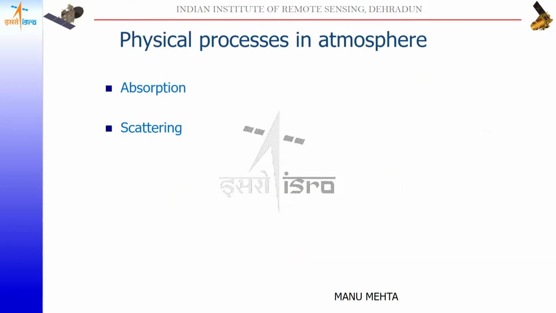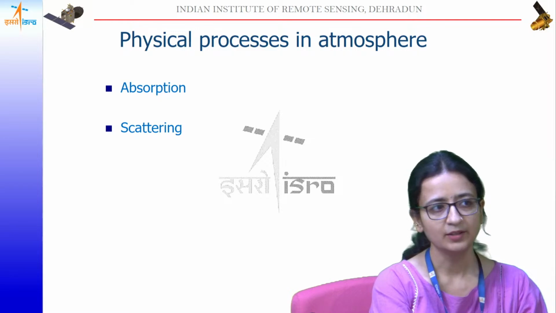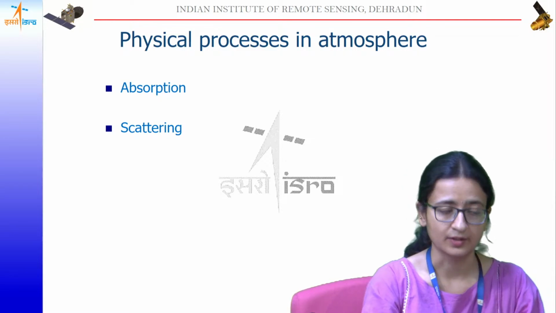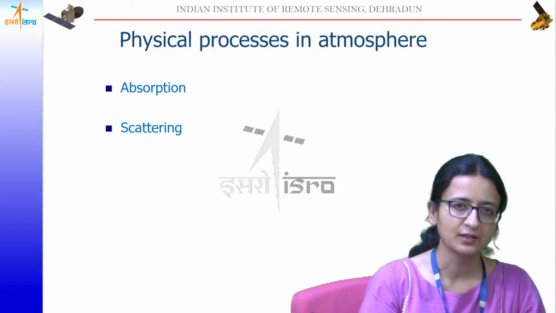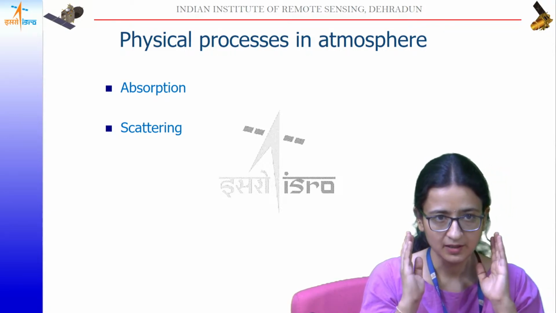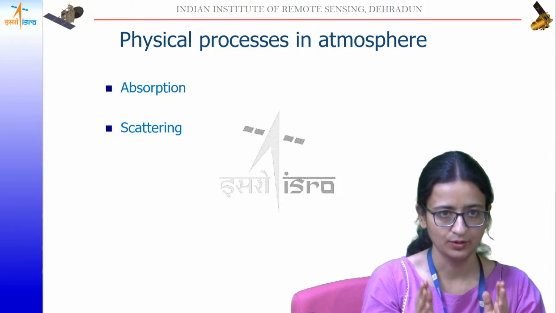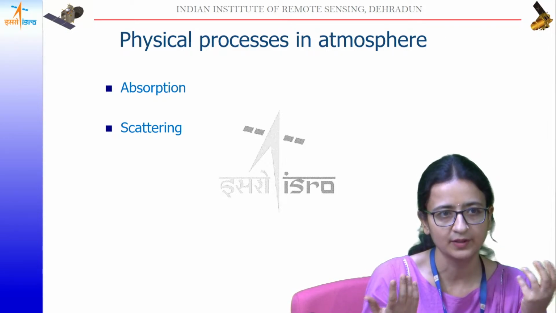Next, coming to the interaction of electromagnetic radiation with atmosphere. First, Earth observation, we can't do away with this part, whether or not we like it or not. For if we are looking at, as I discussed in the very beginning, if we are looking at the atmosphere itself, you will be decoding this interaction. You will want this interaction so that you can get the information about the atmosphere.